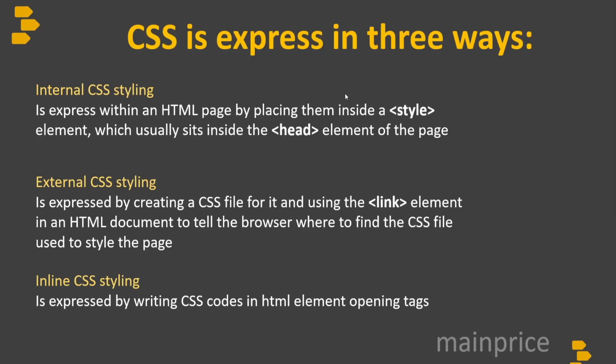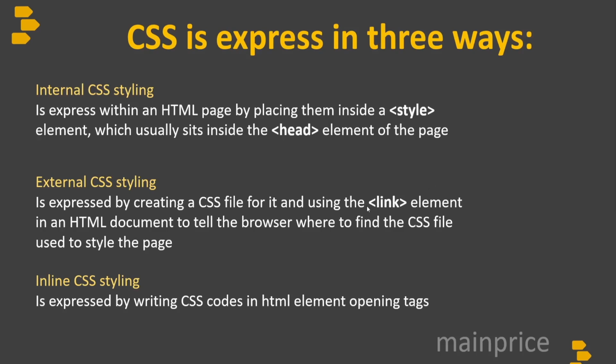CSS is expressed in three main ways: internal CSS, external CSS styling, and inline CSS styling. Mostly people use external CSS styling. You create a CSS file, which we are coming to create very soon. Because it's external, you want it to express the style onto a certain web page you've created.